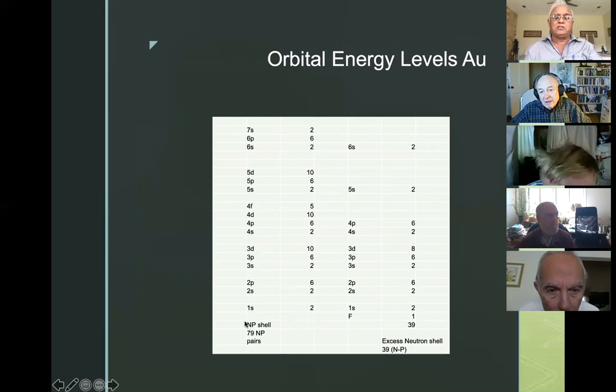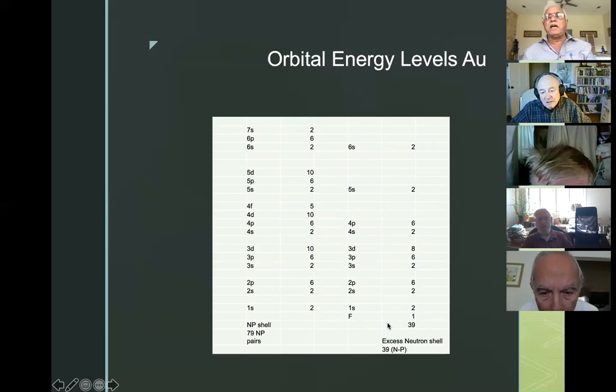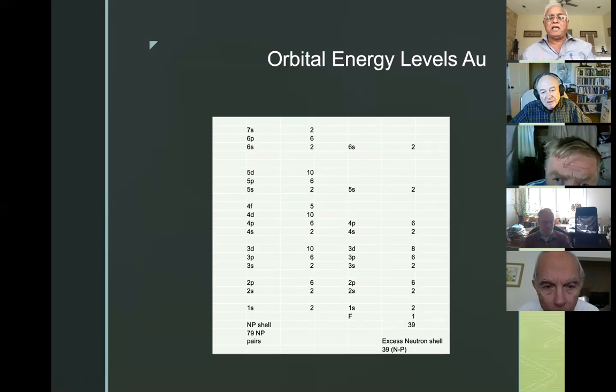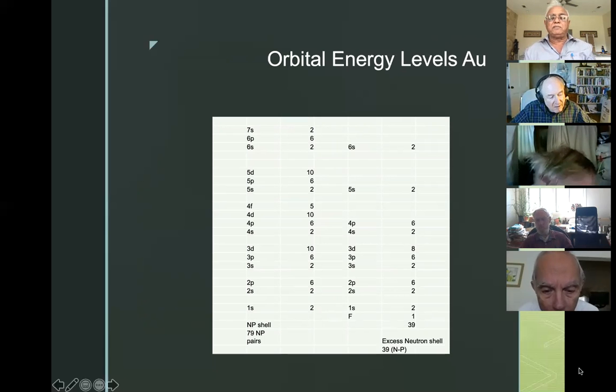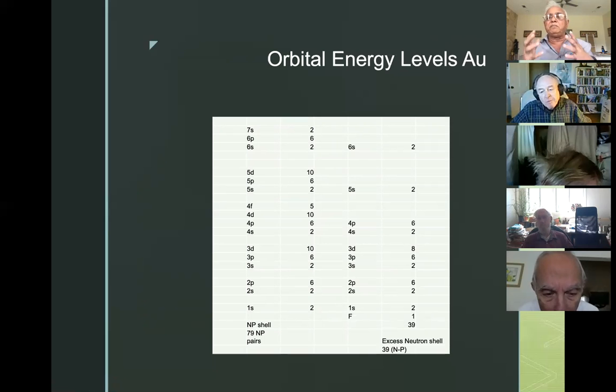There is no F level here, because there is no space to put the F. The whole nucleus now looks like a planetary system with F in the center, the first neutron, if there is an excess. If there is no excess, then you don't need to put anything there. But if there is any excess, it goes there, just like the sun in our orbits.